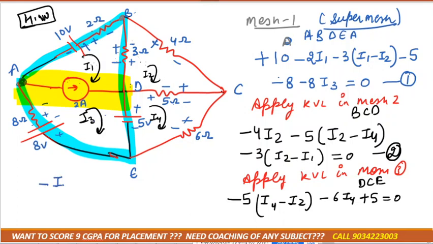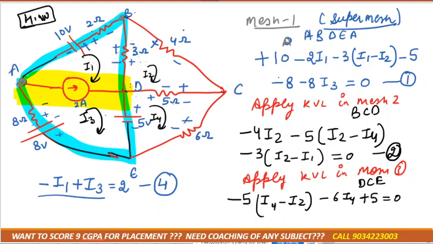So it would be minus I1, and I3 and 2 ampere are in the same direction, because 2 ampere is moving left to right and I3 is also moving left to right, so it would be plus I3 is equal to 2 ampere. That you got as the fourth equation. If current source is in the middle wall, then there would be sum of two currents. If current source is in the corner wall, then there would be flow of single current only.